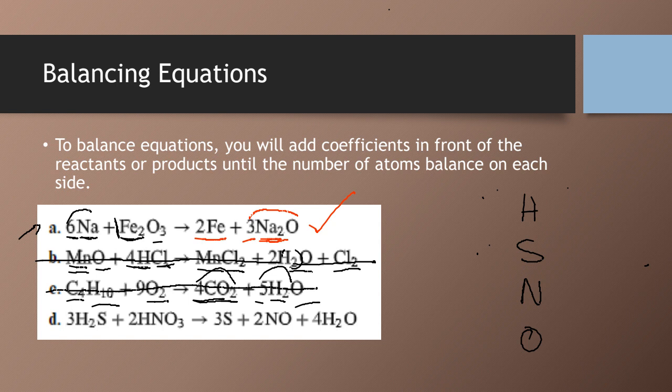If we start with the hydrogens here, we have 3H2, which will give us 6 hydrogens, 1 sulfur. We have another 2 hydrogens here, so plus 2. 1 nitrogen and 3 oxygens for a total of 8. Oh, I missed the 3 in front of the S here, so there's 3 of these.